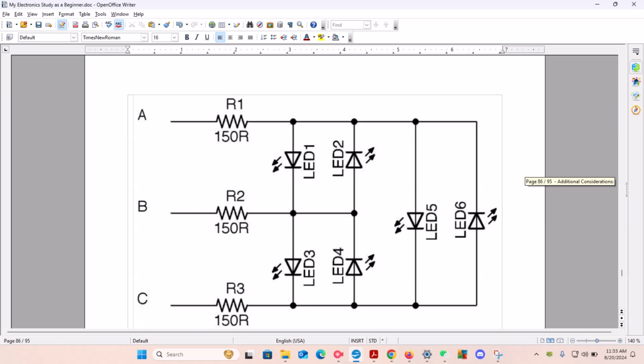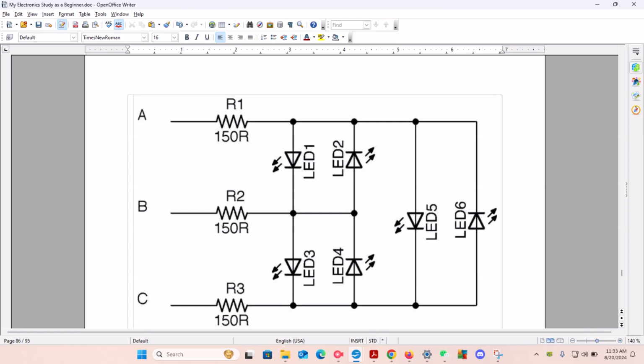What we have here is a series of 3 resistors, denoted as A, B, and C. A will have 150 ohms of resistance going to LED 1. Notice we have endpoints here. For B, we also have a resistance of 150.